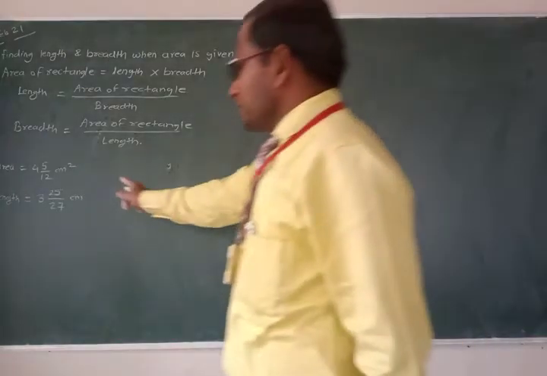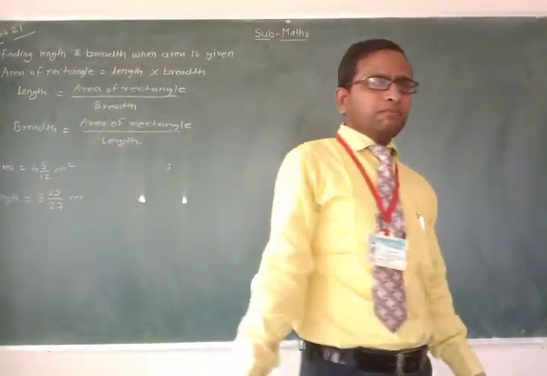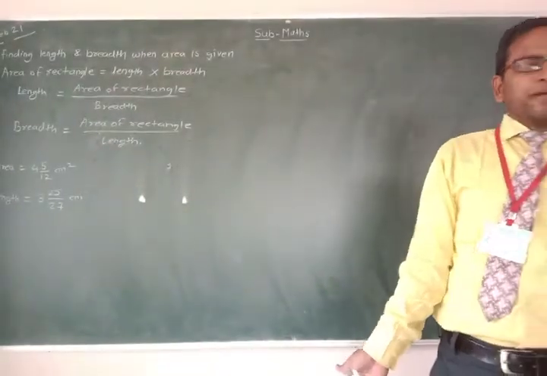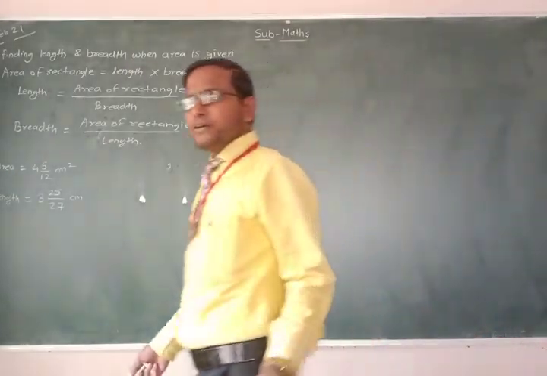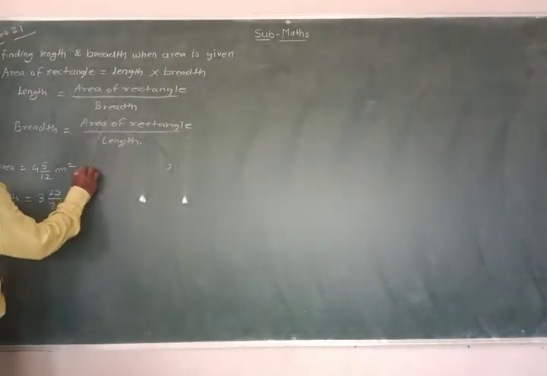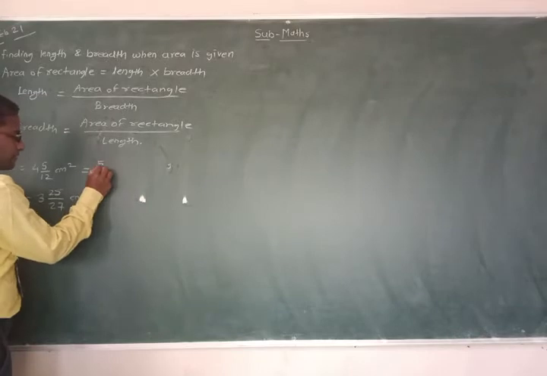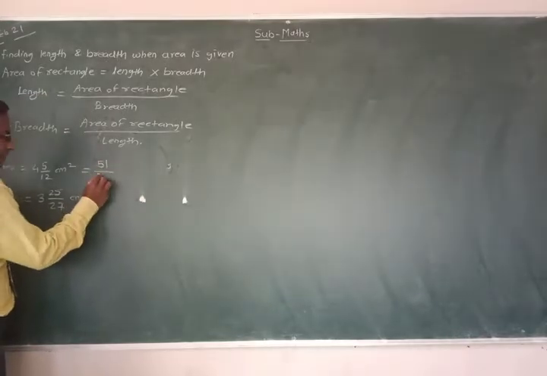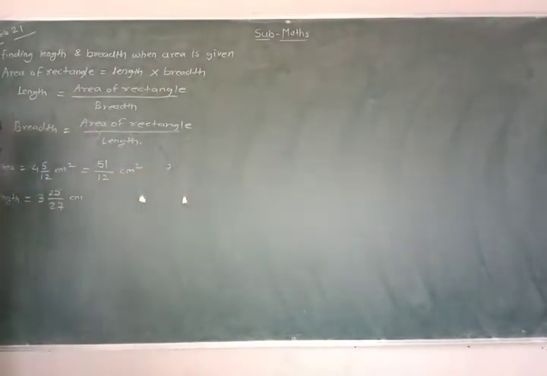So first, this is a mixed fraction value. Mixed fraction value is converted into improper fraction. Improper fraction means numerator is greater than denominator. You know the definition of improper fraction. So mixed fraction is converted: 12 4s are 48, 48 plus 5, 53 upon 12 centimeter square.